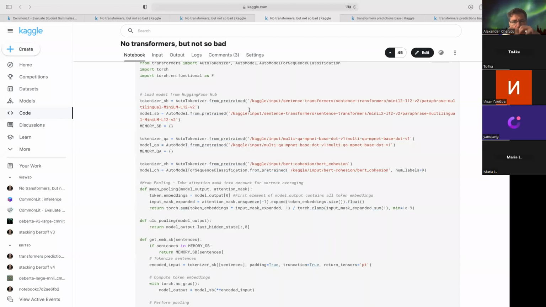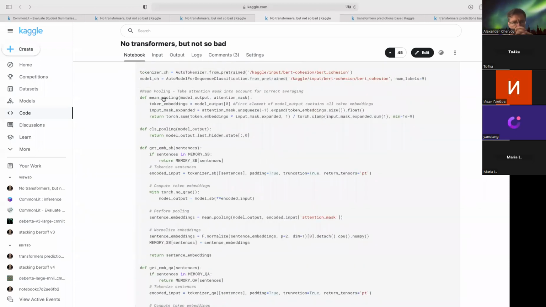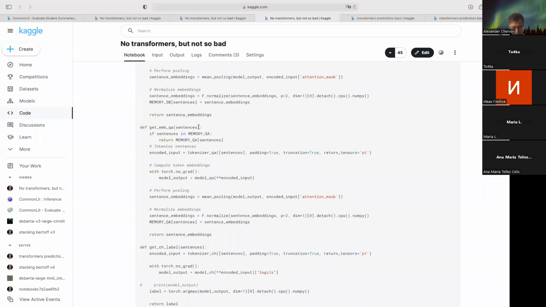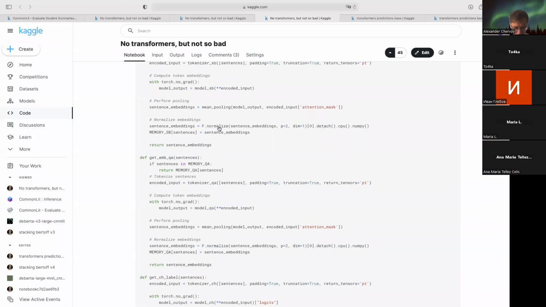You can use the sentence-transformers library, but I natively use the Hugging Face model, and I used a mean pooling function for getting embeddings only where the attention mask equals 1, and also I got normalized embeddings.